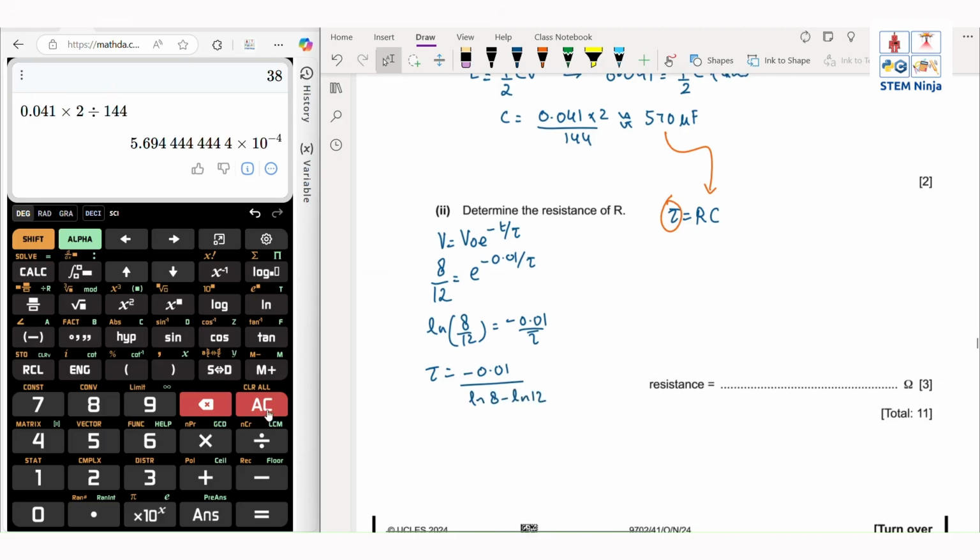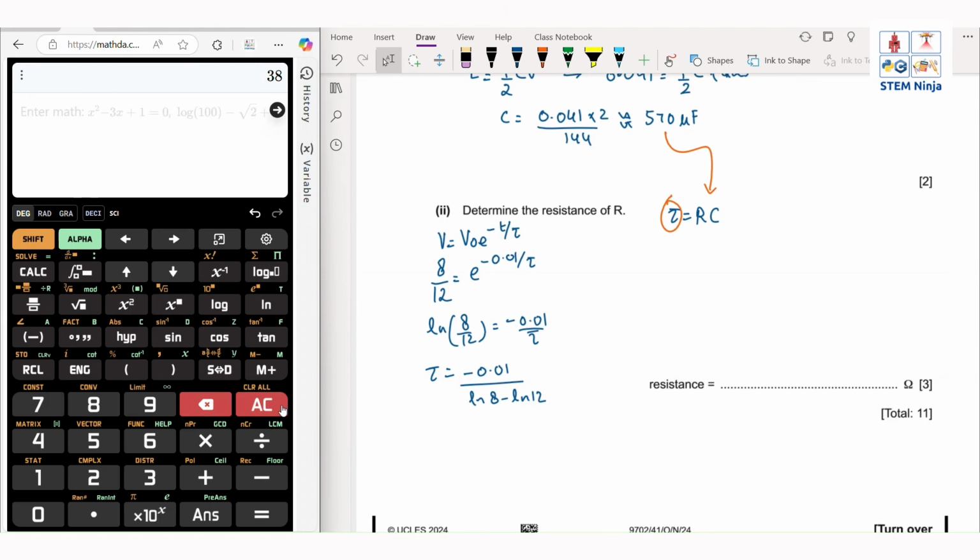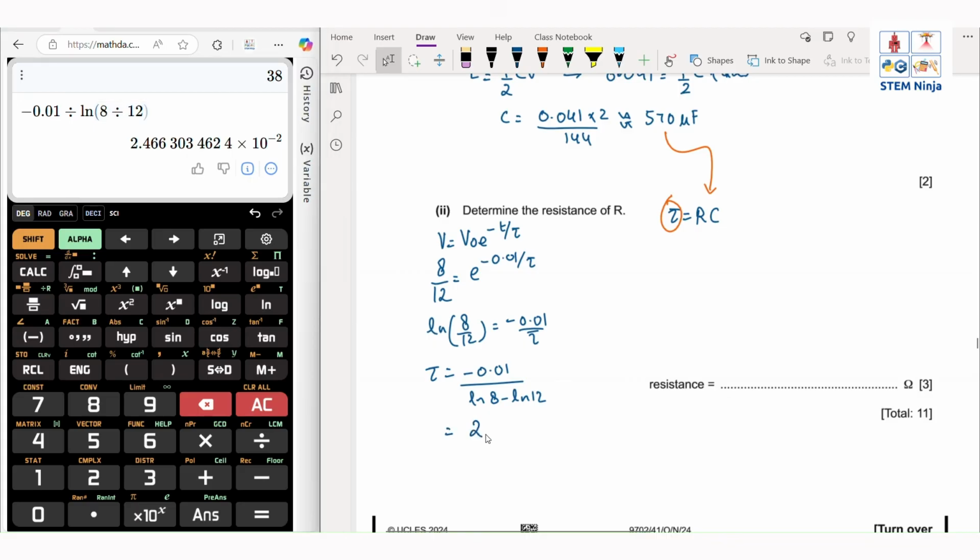That is 2.466 times 10 raised to power minus 2 seconds.